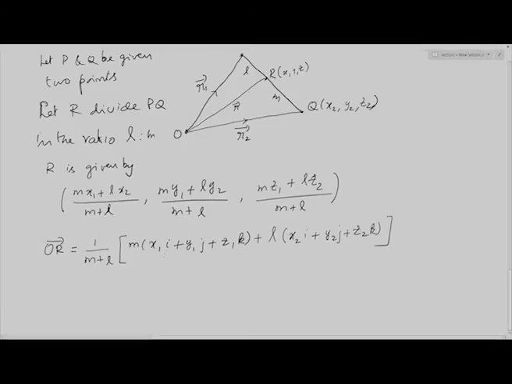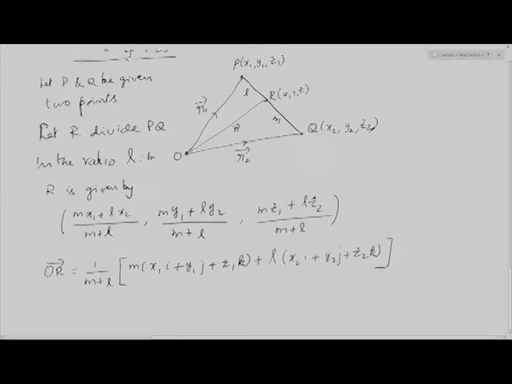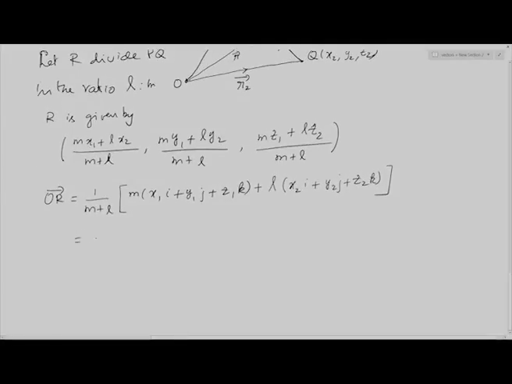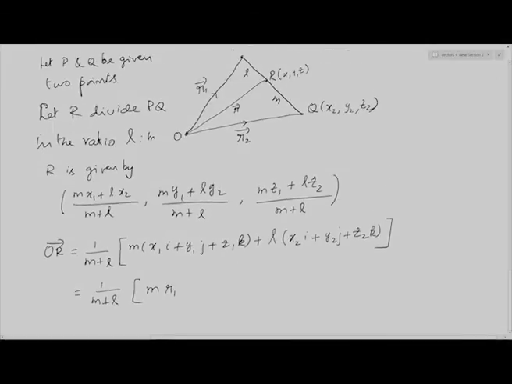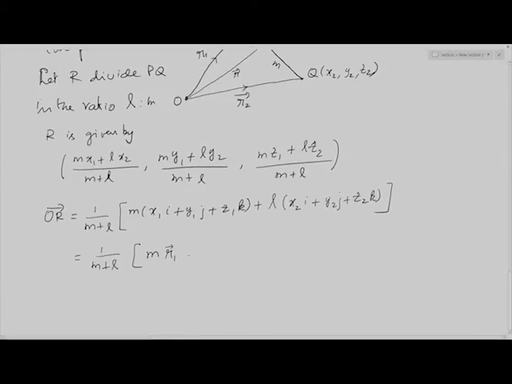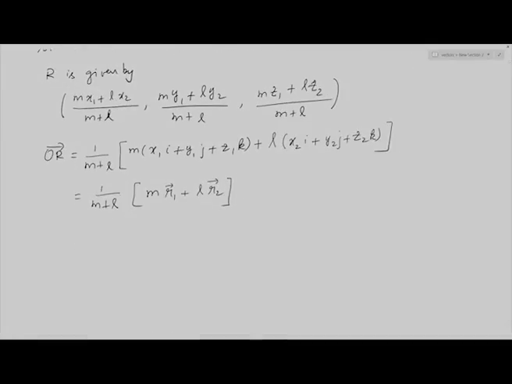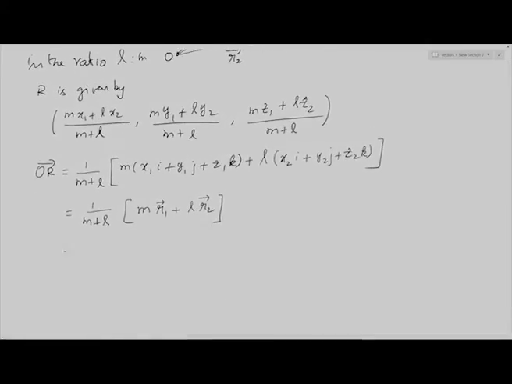If you look at this term, this is nothing but the position vector of the point P. So, therefore, this is equal to 1 by m plus L, m into r1 vector, because already I am denoting this vector OP by r1 vector, plus L times r2 vector. Now, if m is equal to L, in particular, so this is the vector.